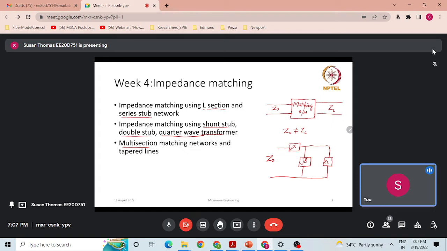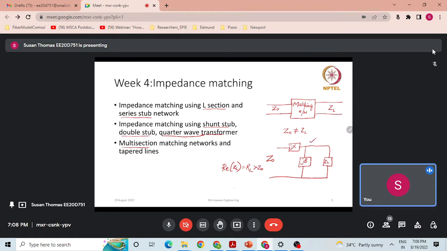This kind of L section matching network will work under one condition. I hope you know that condition. The real part of the load impedance, which we call RL, should be greater than Z0 for this kind of L section.